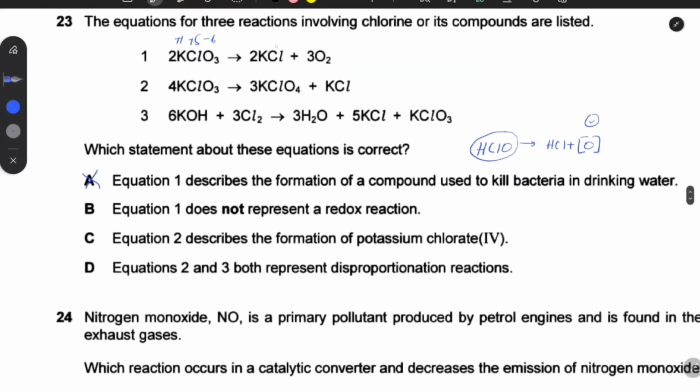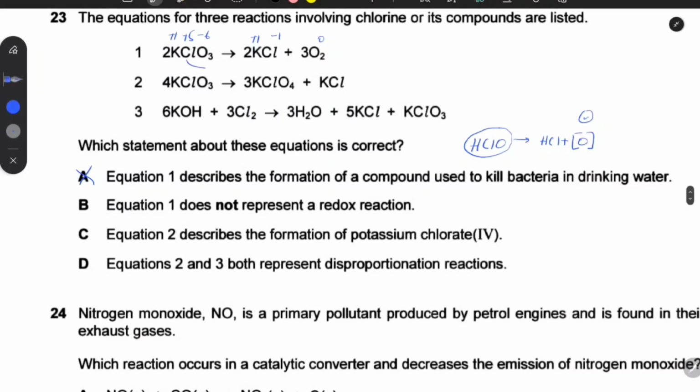In potassium chloride, chlorine has -1 charge and potassium has +1 charge, and molecular oxygen in its elemental form has no charge. So what is happening in this reaction is that chlorine changes from +5 to -1.